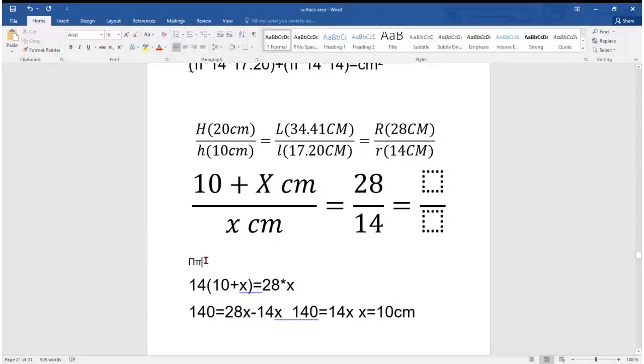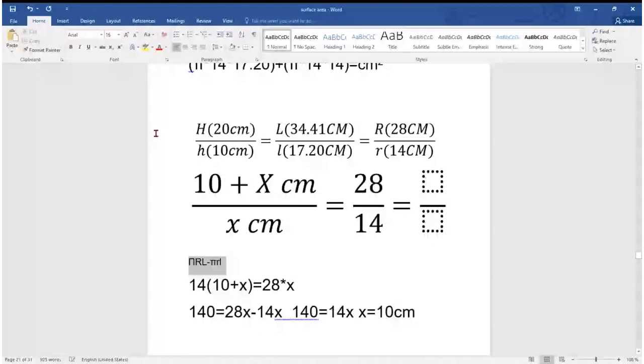Those ones are for the big radius, minus pi r l. Pi is a constant, so even if I put a big pi, it does not mean that pi is changing. Pi is always going to be the same. So this is the formula that you have here: pi R L minus pi r l.